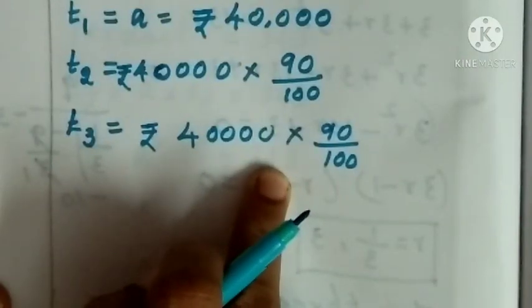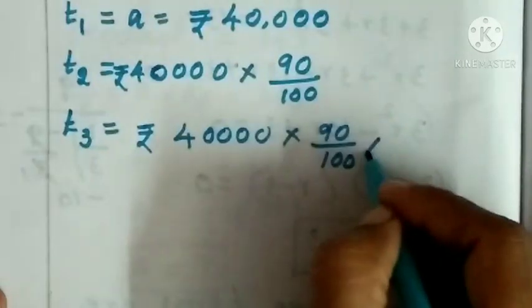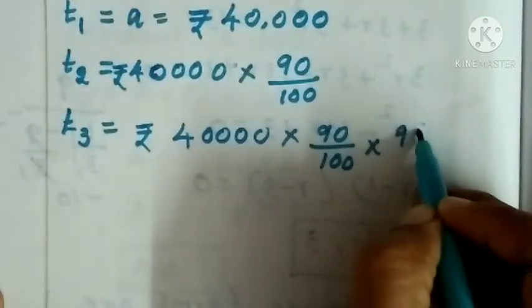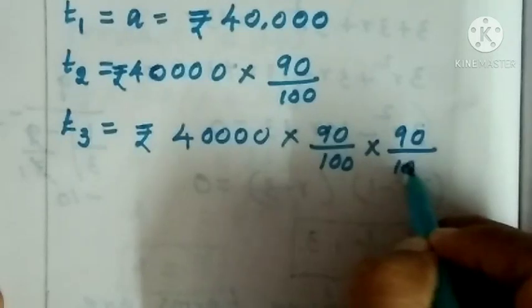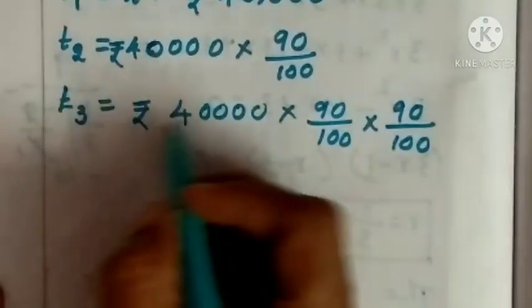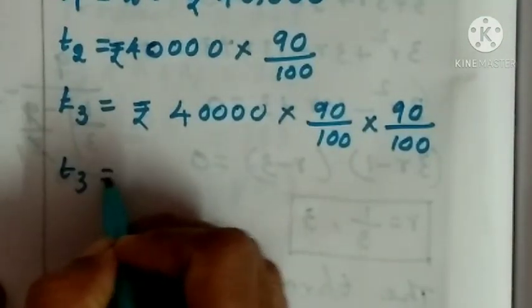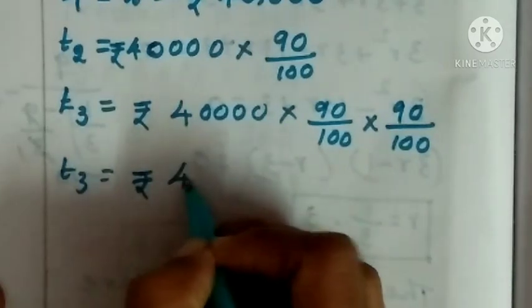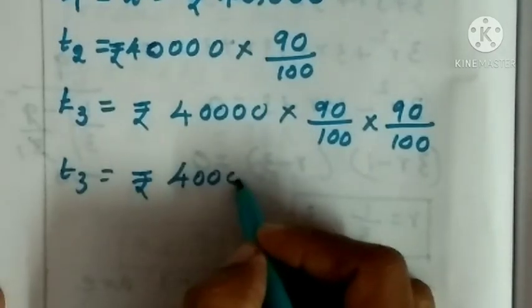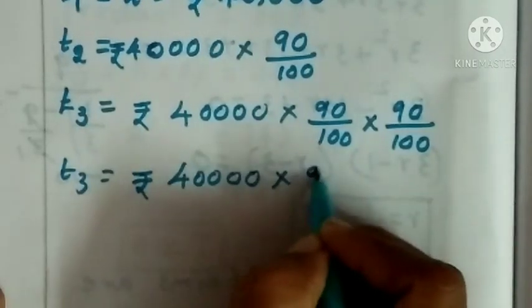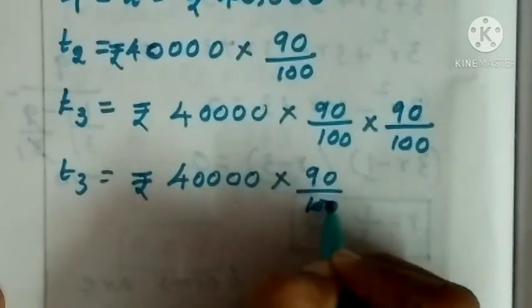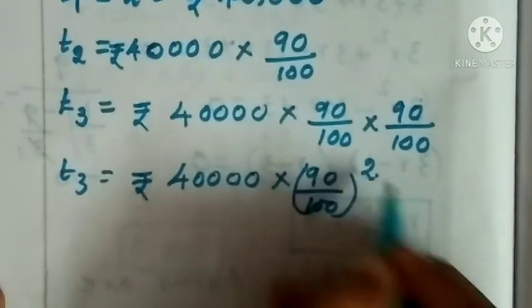This is the previous year's value. Then multiply by the depreciation value, that is 90 by 100. It can be written as T3 is equal to rupees 40,000 into 90 by 100 the whole square.